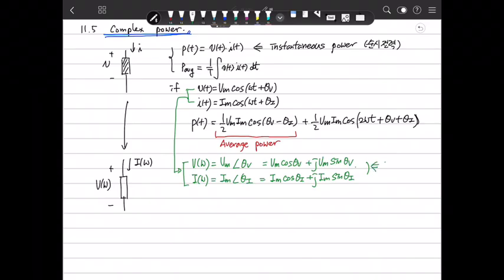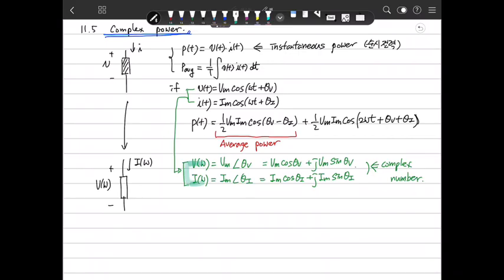The phasor is a complex number that represents sinusoidal variables by magnitude and angle.